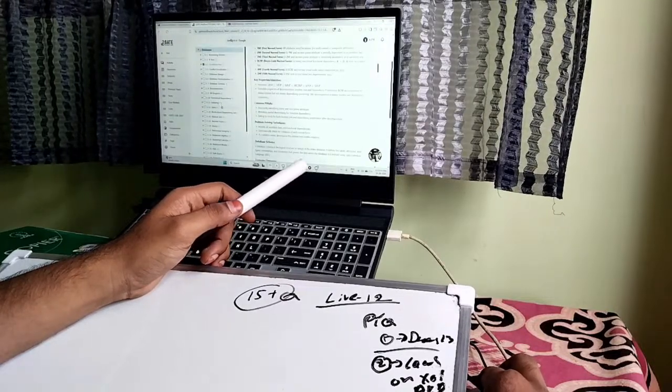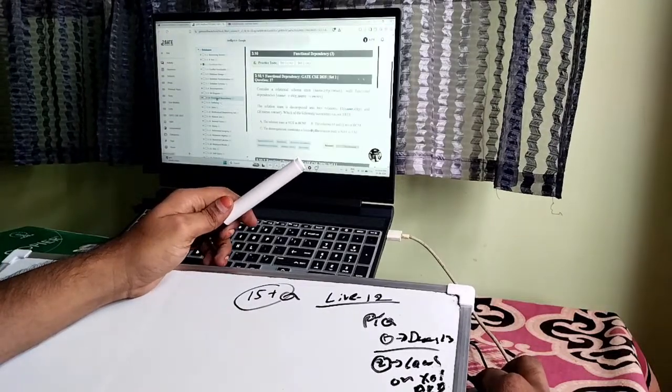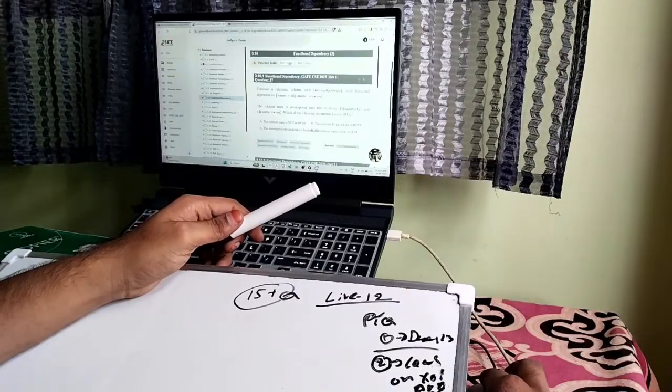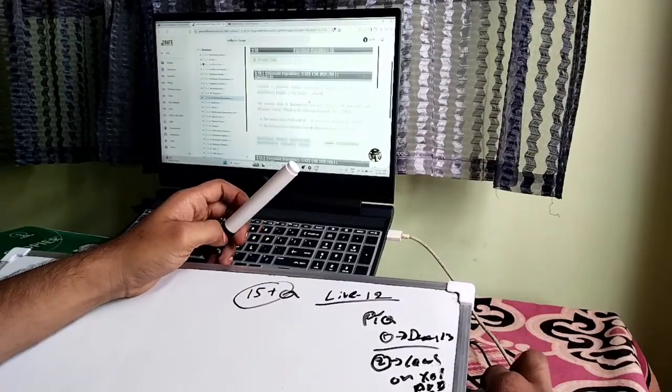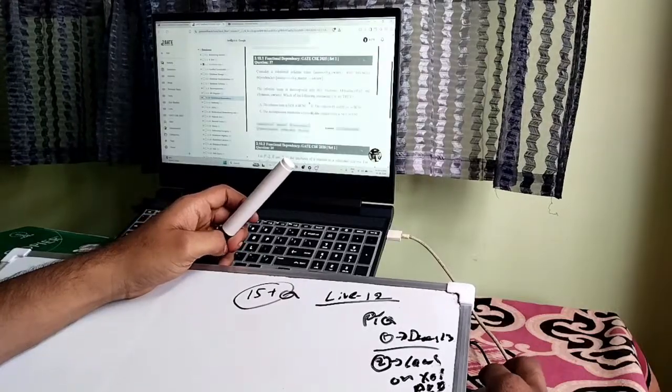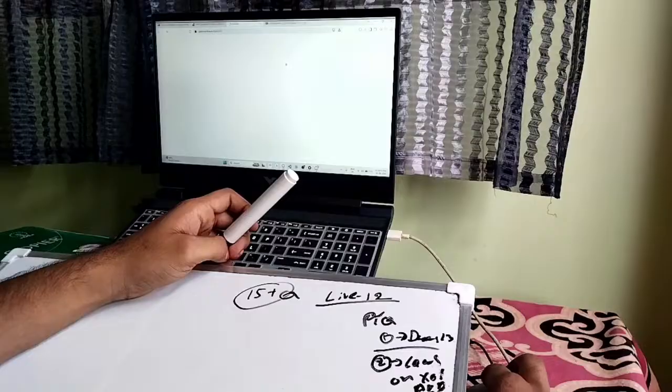And here, the diagram and functional dependency. Okay. Test one. There are only two or three questions on functional dependency.